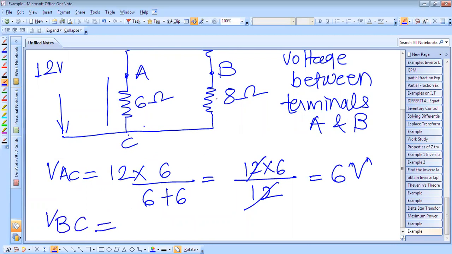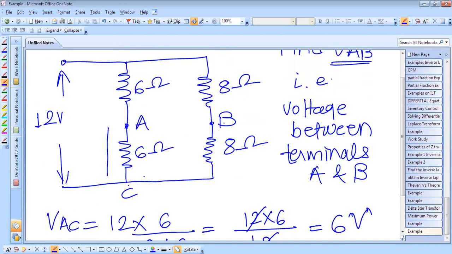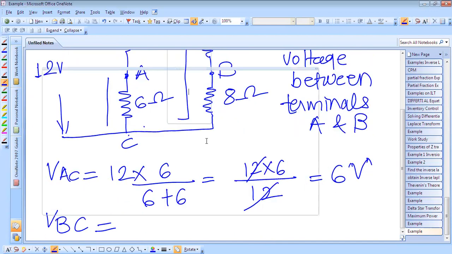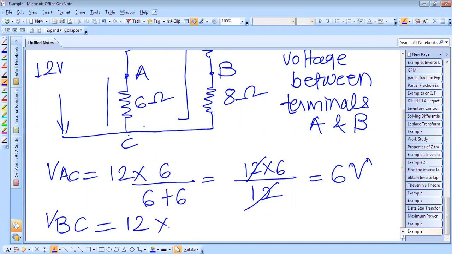VBC, we should know the voltage across this total branch. What is the voltage across this? It is 12 volt. So we have to find the voltage between VBC. So by voltage division method, 12 into 8, this is the way to find the voltage across VBC.